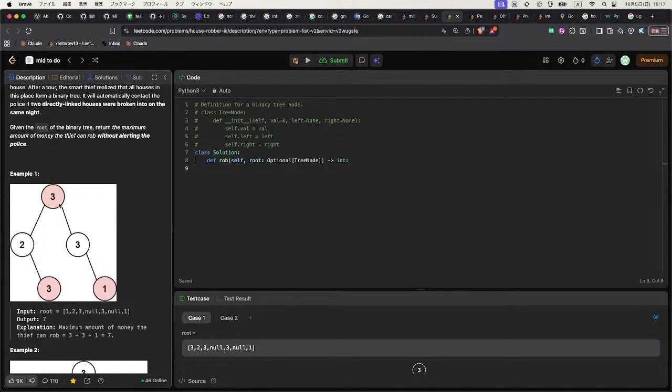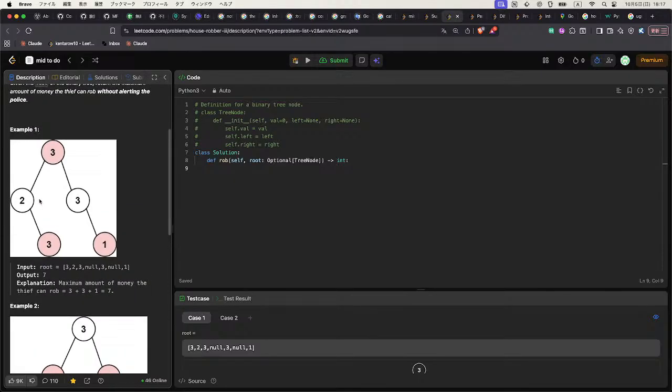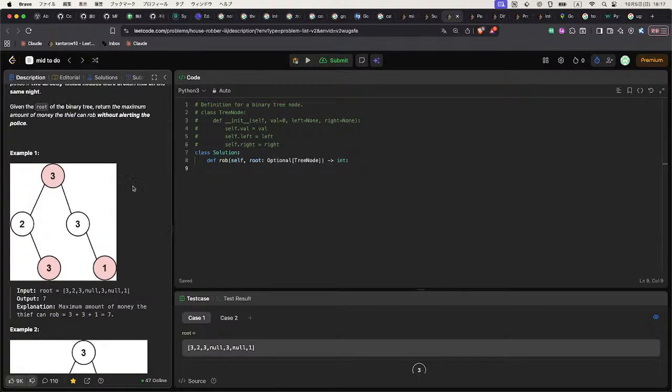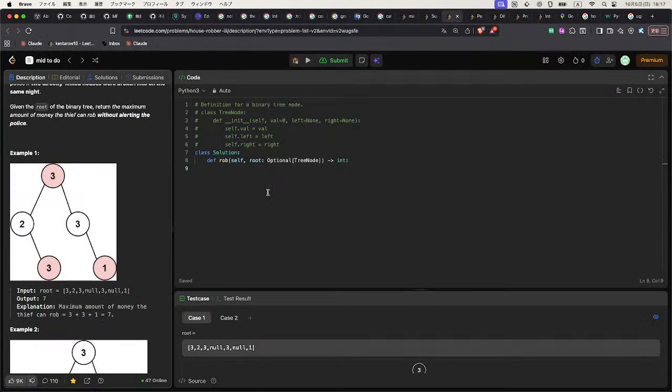But it depends on the state of this. If we visit this node, we cannot visit this node. So it's automatically determined. So it's not an independent problem, it's dependent. The subproblems are dependent on each other. So we use dynamic programming, I think.